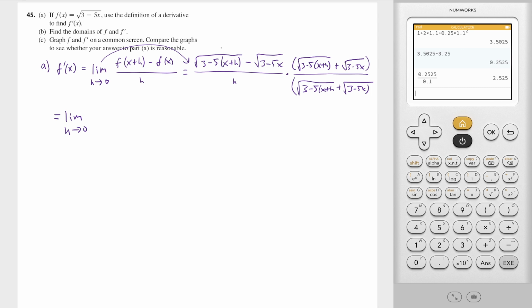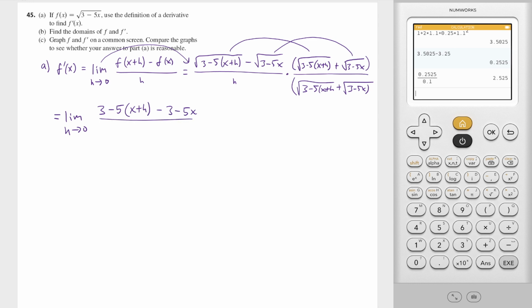I have the squares of these two parts, and the inner and the outer terms cancel out, which is why we do the conjugate. So in the numerator, I'm going to have 3 minus 5 times x plus h, minus 3 minus 5x.